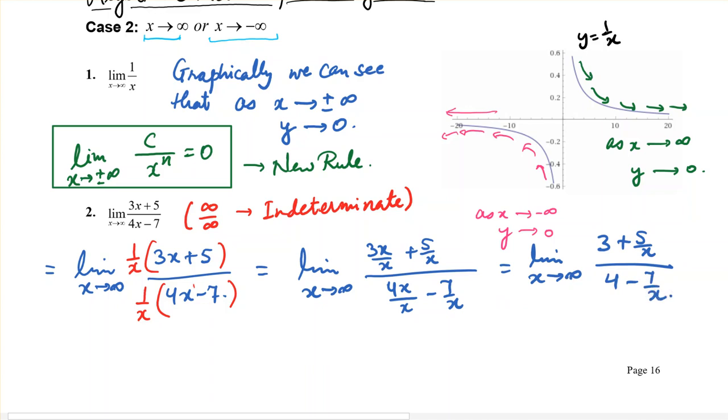Now is a good time to plug in the value, because our denominator is non-zero. If we plug in infinity, 7 over infinity would be 0, so 4 minus 0 is just 4. So we get 3 plus 0 over 4 minus 0. Thus our answer is 3/4. That is the value of our limit.